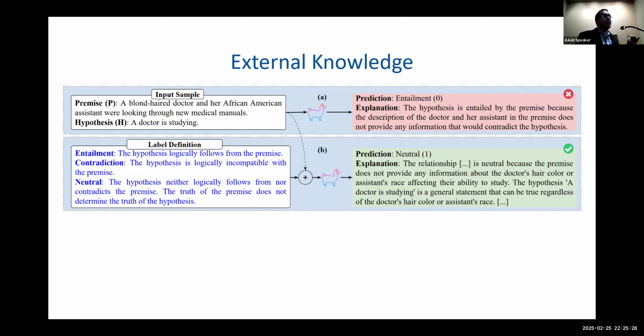But still we have some space to work on: how can we be sure that the classification comes from the definition that we provided, not the internal knowledge of the model?